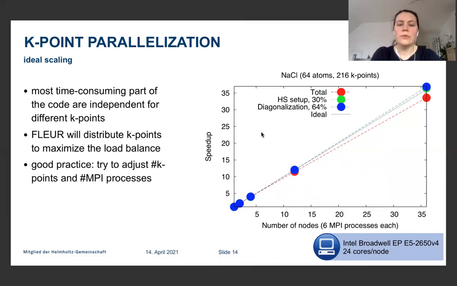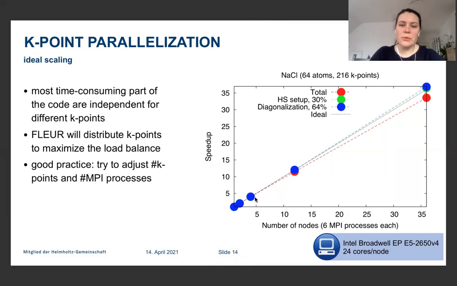On the plot, you see speed up. What's that? We run the same calculation on 1 node, on 2 nodes, on 4 nodes. And ideally, we would expect that our calculation becomes 2 times faster, 4 times faster, and so on.